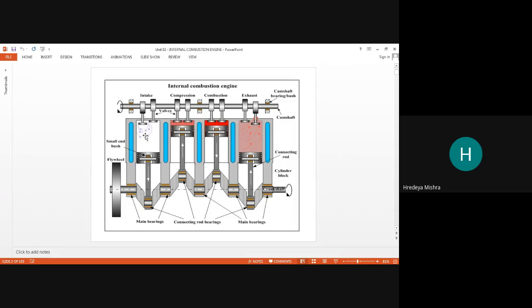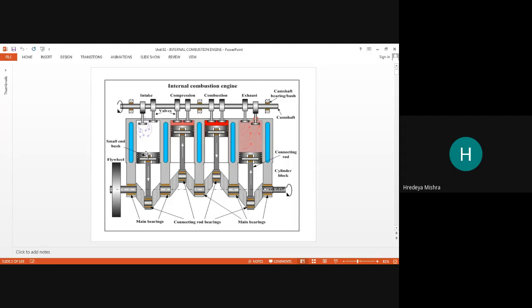So we can say that in this position, the air fuel mixture enters the combustion chamber. Okay, so this is the suction.